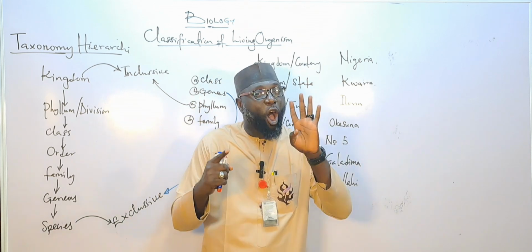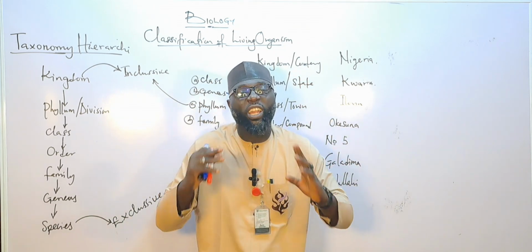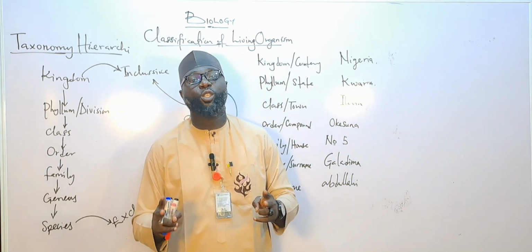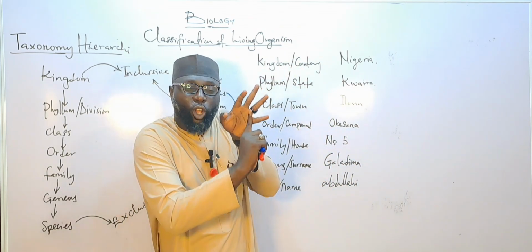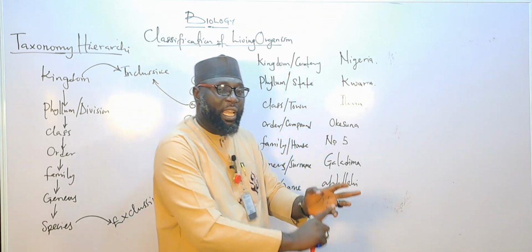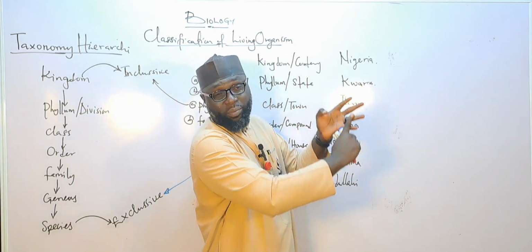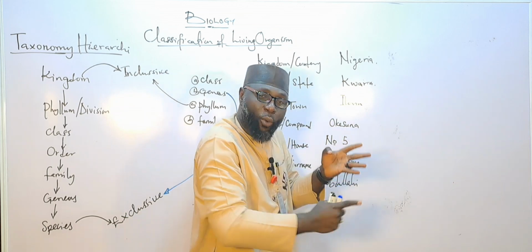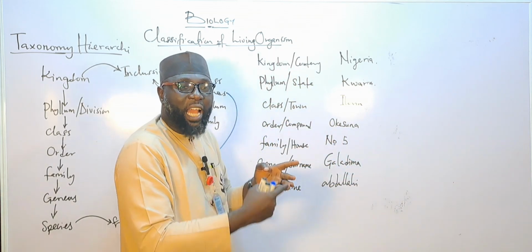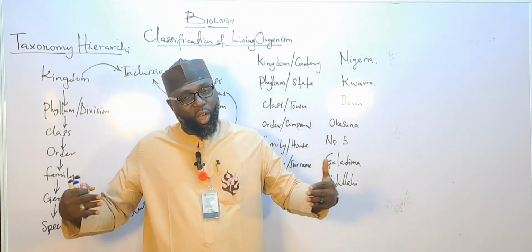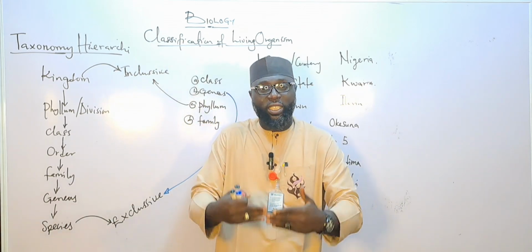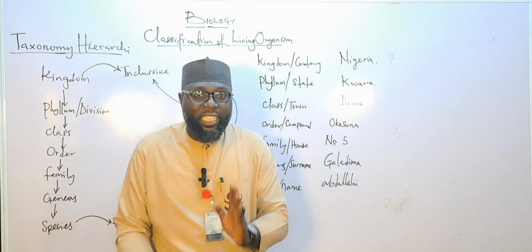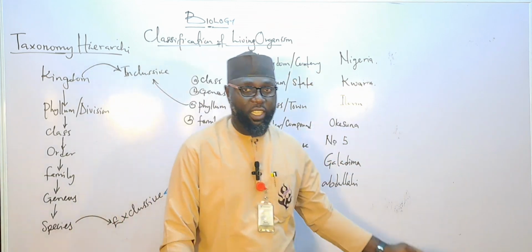The man came 300 years before Christ and classified all living things into 2 kingdoms, plant and animal, based on the morphological property they have, the habitats where they live, and the behavior, what they eat. Those are the things Aristotle used to classify living things.